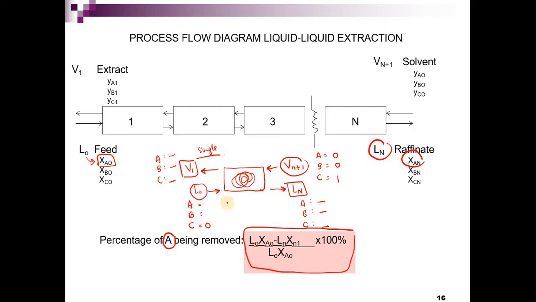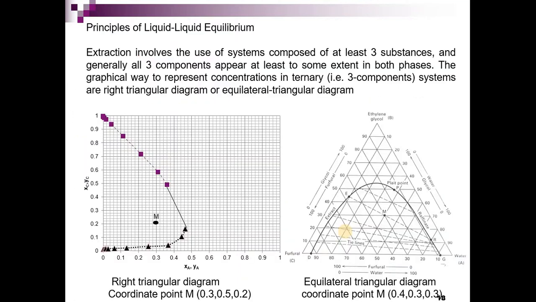Okay, so it means the component A here, you minus the component A here, and you divide by the component A in the feed. So you will get how much percentage A has been removed. Okay, and you times with 100. So I think that one is very easy.